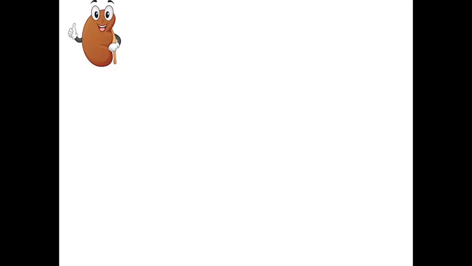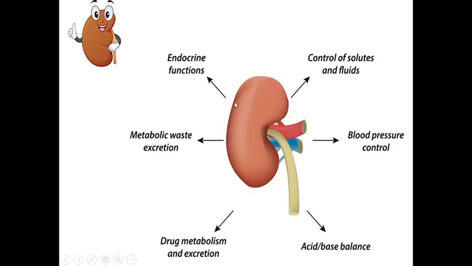So now we'll see the functions of the kidneys. The main function of the kidney is to excrete metabolic waste products from the body in the form of urine. Apart from that, the other functions of the kidneys include endocrine function, that is, production of certain hormones like erythropoietin, the active form of vitamin D, and renin.